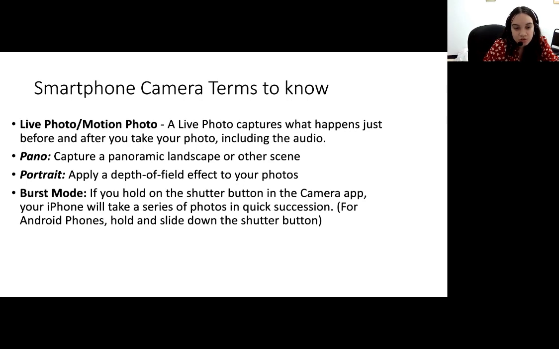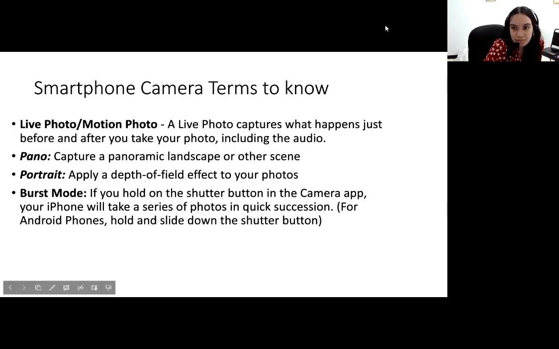Next, we have portrait mode. Portrait mode is something that mostly newer iPhone models have, but you may have it if you have an iPhone 8 or an iPhone 7. I'm just not too sure, but it is included in newer iPhone models and on newer Android models. What a portrait photo does is add a depth of field to your photos.